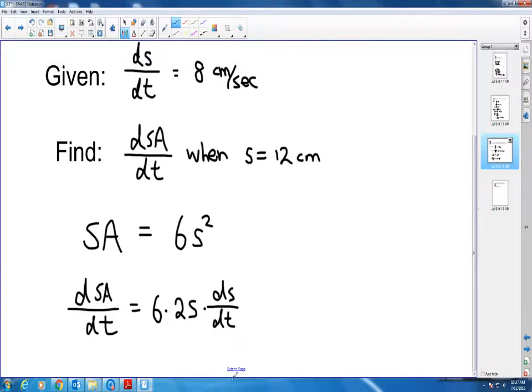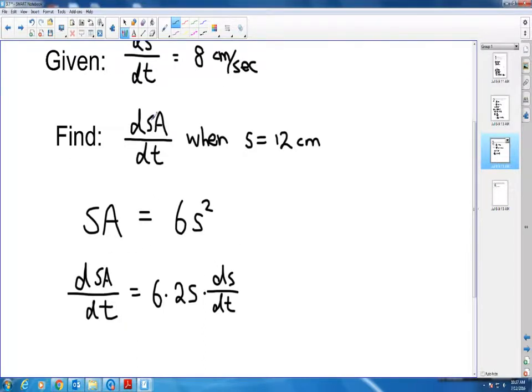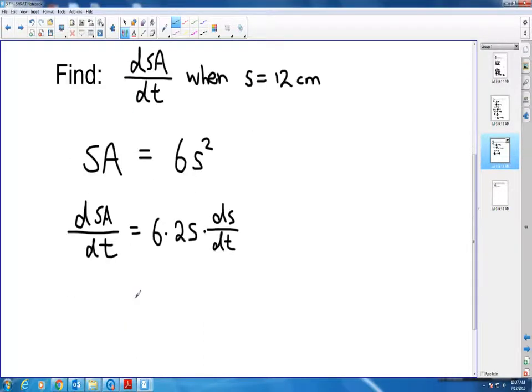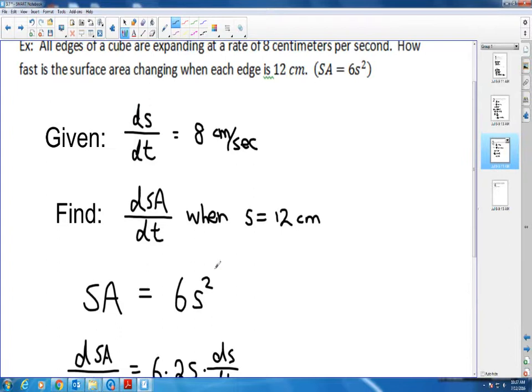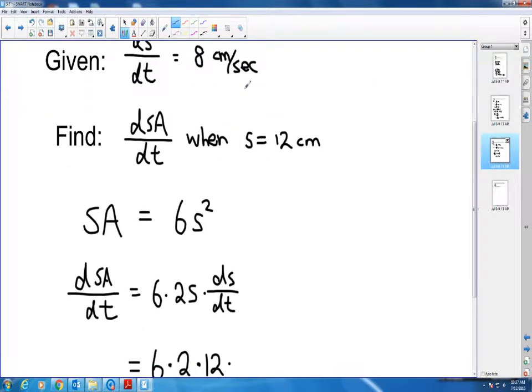So that'll give me 12s here. And the question is asking for dSA over dt. So that will be 6 times 2 times the side, which is 12 centimeters. How fast is my surface expanding when the side is 12 centimeters and my side is expanding at a rate of 8 centimeters per second?